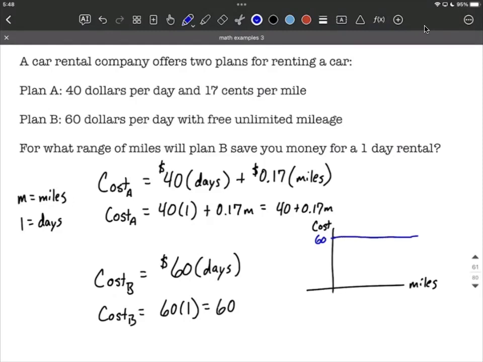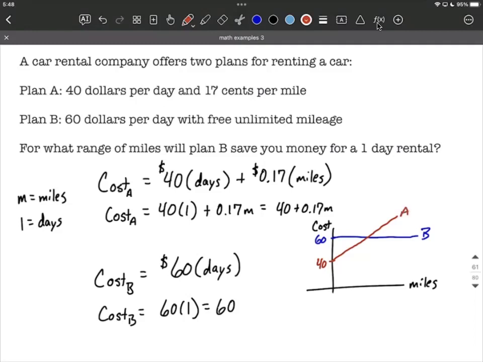So it's a constant function going straight across left to right. Whereas our other function is going to start out at $40 if we didn't drive it any miles, but that's going to increase over time at a constant rate of 0.17 multiplied by however many miles you drive it.